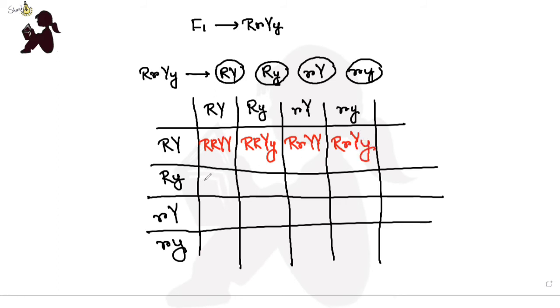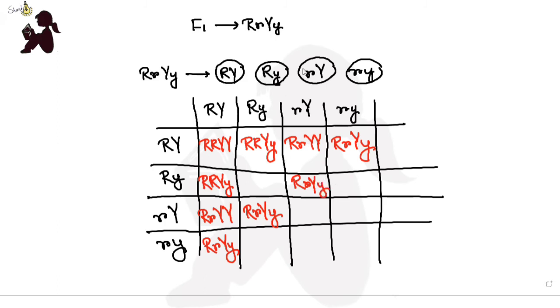Similarly, capital R capital R capital Y small y, then capital R small r capital Y capital Y. Then again capital R small r capital Y small y. And here the combination will be capital R small r capital Y small y, and here also capital R small r capital Y small y.